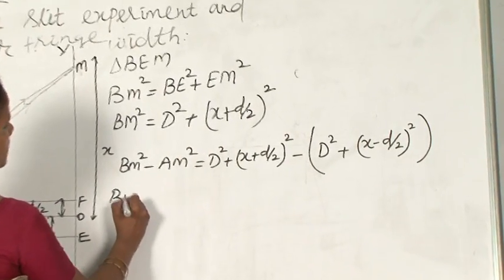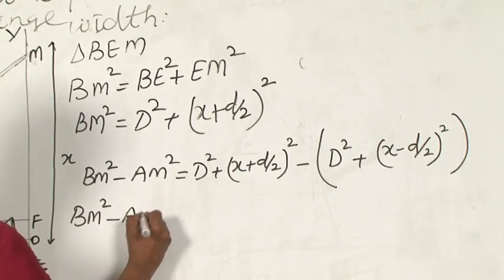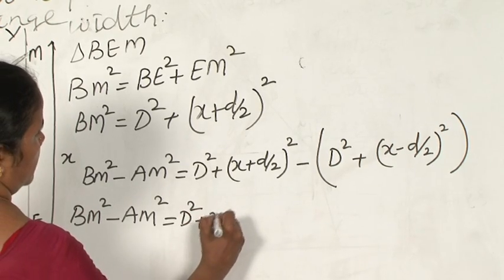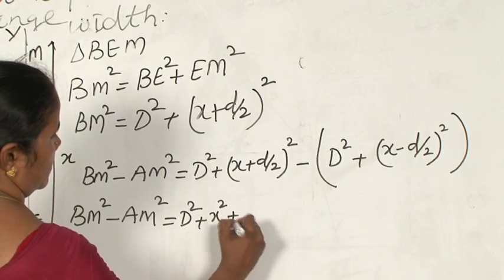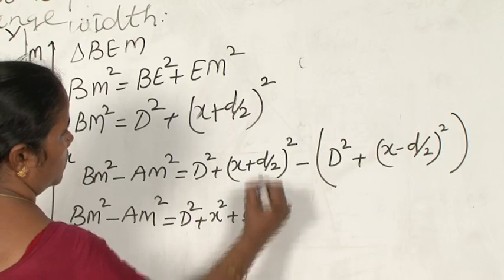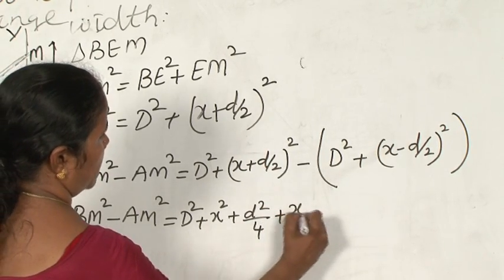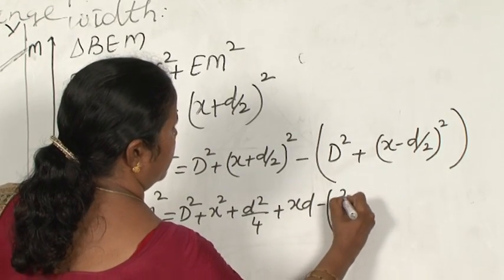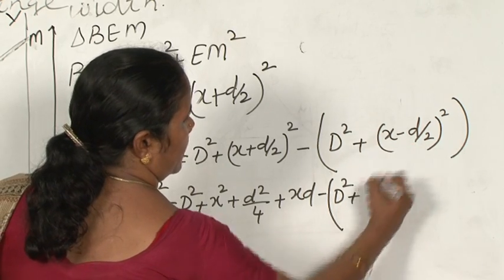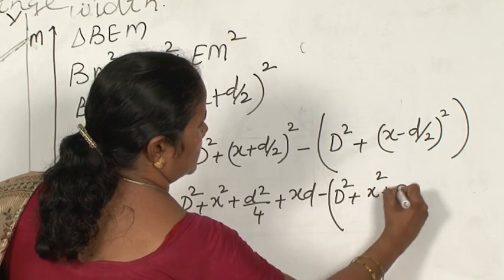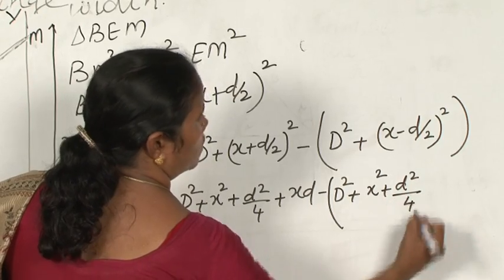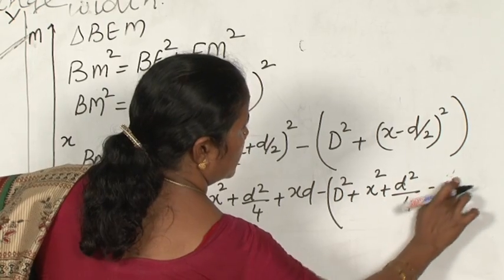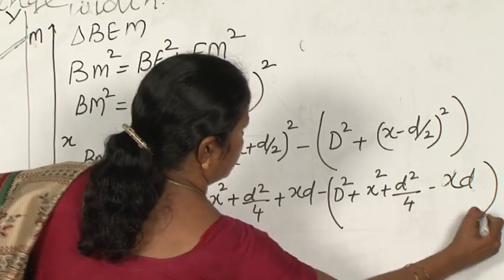Or we can write BM square minus AM square is d square plus x square plus d square by 4 plus 2xd by 2, which I am writing as xd, minus d square plus x square plus d square by 4 minus 2xd by 2, that I am writing as xd.